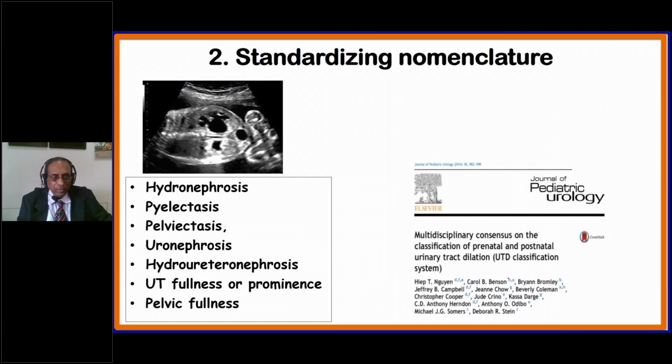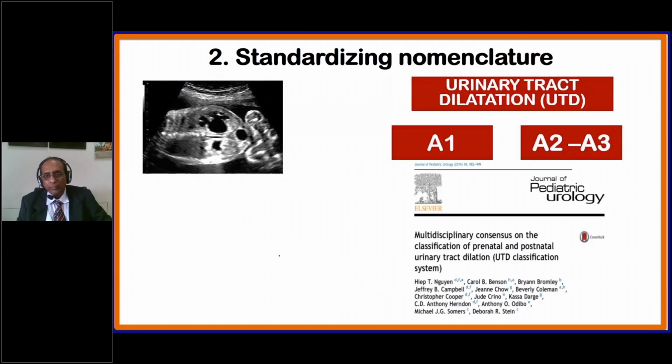We used to diagnose hydronephrosis, pyelectasis, pelviectasis, uronephrosis, hydroureteronephrosis, and urinary tract fullness or prominence, but all this has given way to one term called urinary tract dilatation. And you divide the urinary tract dilatation as UTD A1 or A2 and A3.